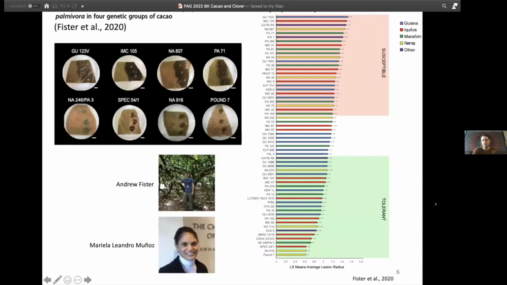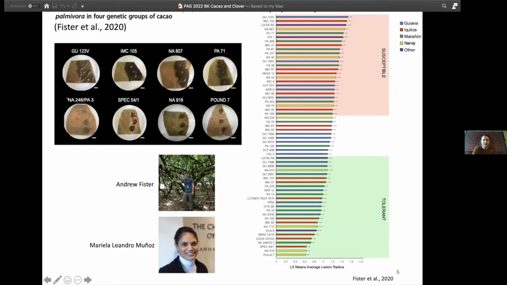There's a lot of work that the group at Penn State has been doing, and you've seen this already in Noah's presentation, so that's great. I don't have to get into it too much, but we have a broad range of tolerance and susceptibility. It's quantitative resistance with high and low tolerance and everything in between.